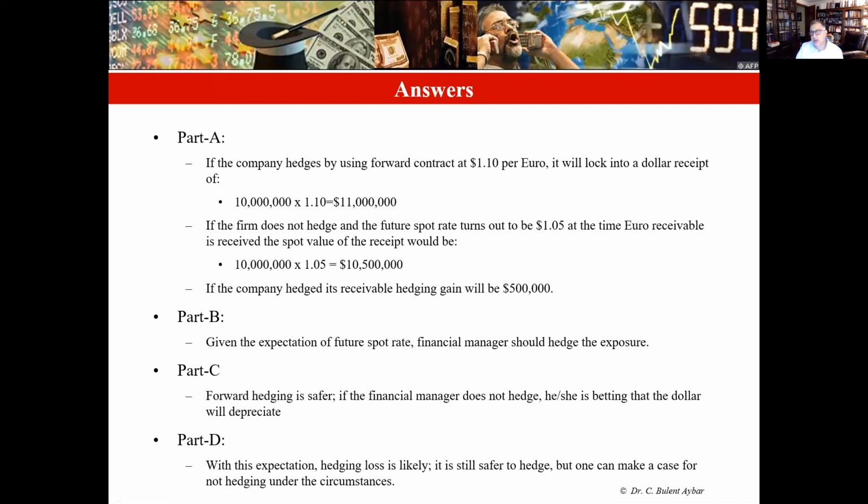Unless you have some specific knowledge of the FX markets, it is possible to exploit that knowledge, but unless you really have expertise in FX markets, you should always choose to hedge and focus on your business.